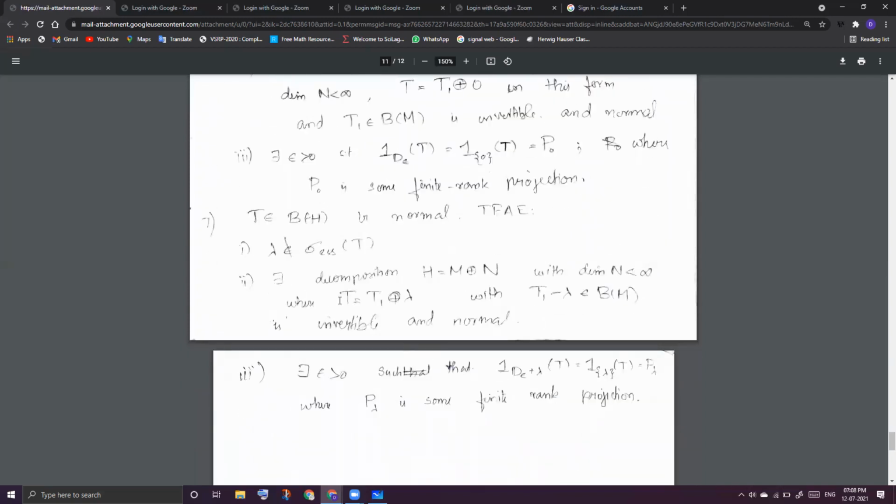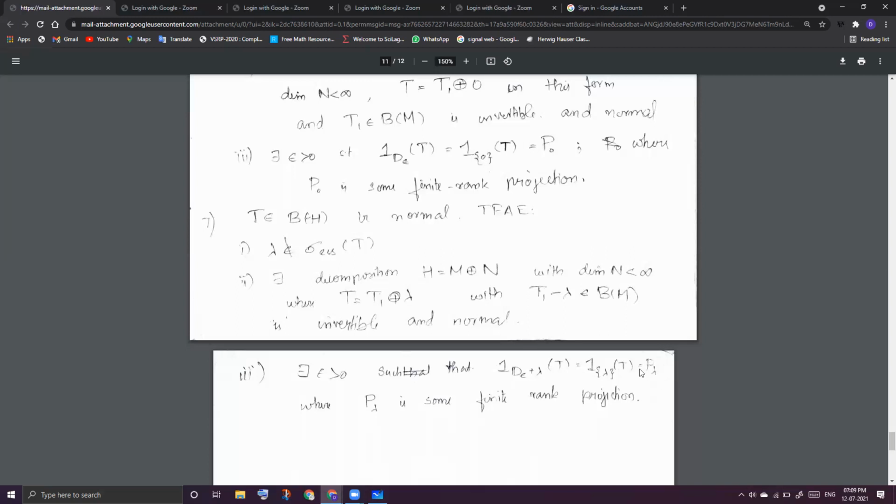There is another result where lambda being in the essential spectrum of T is classified. Lambda does not belong to the essential spectrum of T means that there is a decomposition where T looks like T1 direct sum lambda, with T1 minus lambda being invertible. This is equivalent to saying that there is some epsilon greater than 0 where this condition is true.